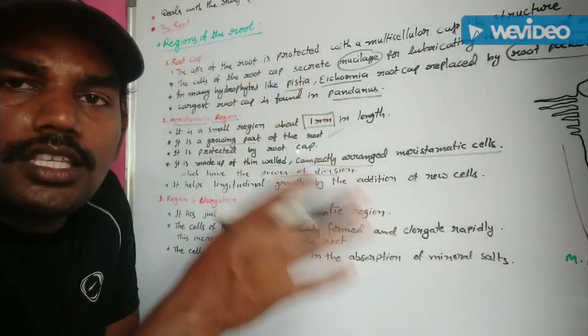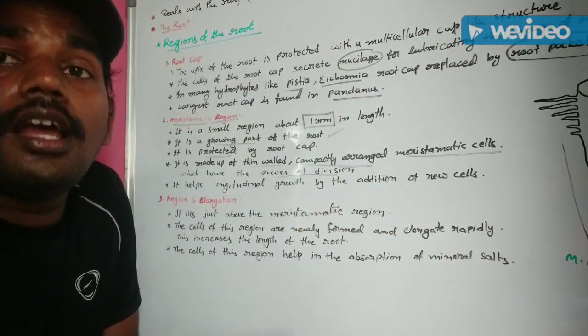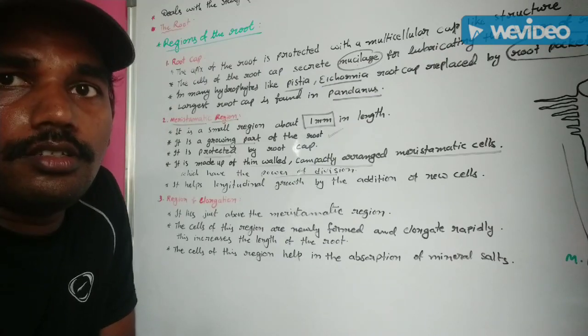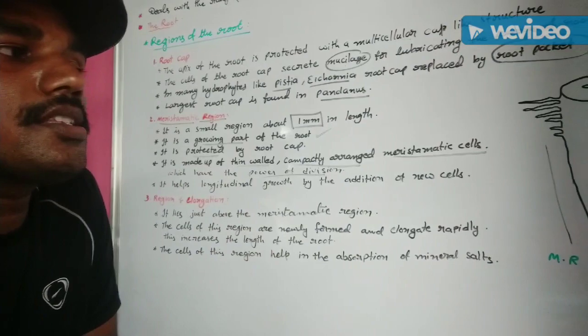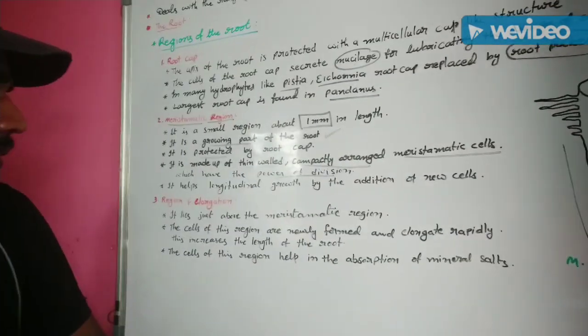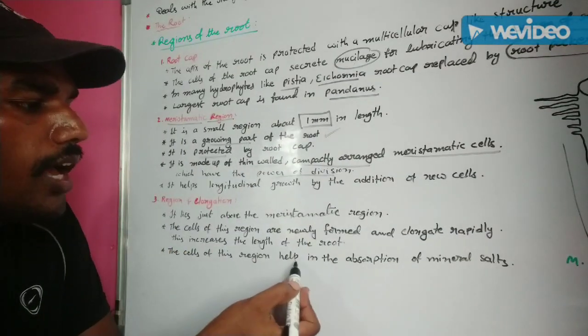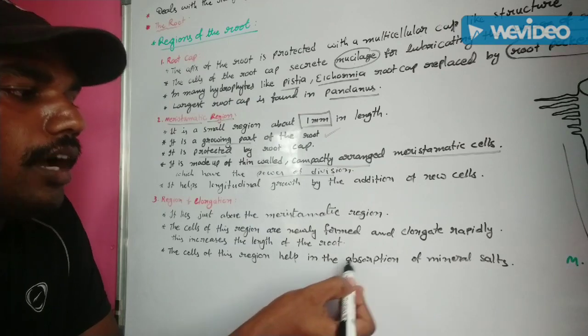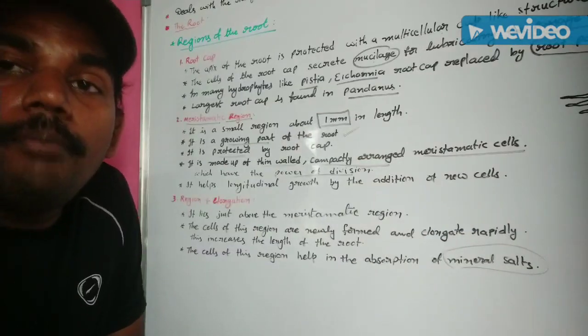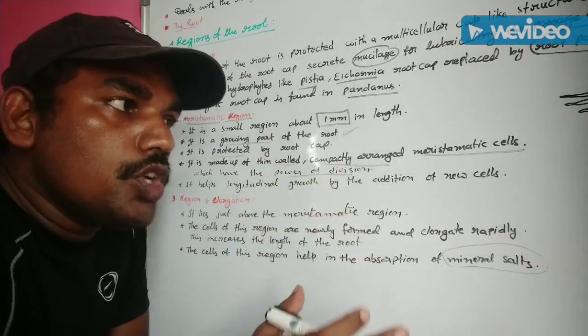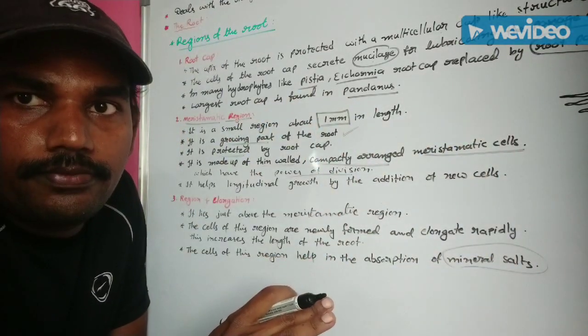The root length is mainly increased in this elongation region. And one of the main functions is done by this region: the cells of this region help in the absorption of mineral salts. Mineral salts are mainly absorbed by this region.